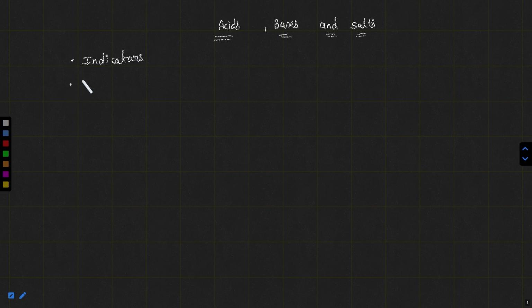Indicators are of two types: visual indicators and olfactory indicators. Visual indicators show a color change when they come in contact with any acid, base, or salt, and olfactory indicators show a smell change. Olfactory indicators are like clove oil, vanilla, onion extract, etc. Visual indicators are also categorized as natural indicators and synthetic indicators.